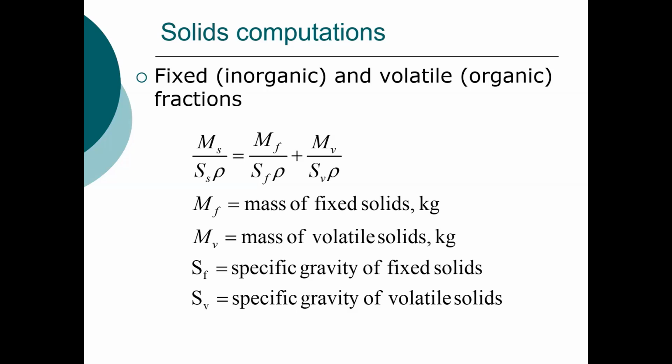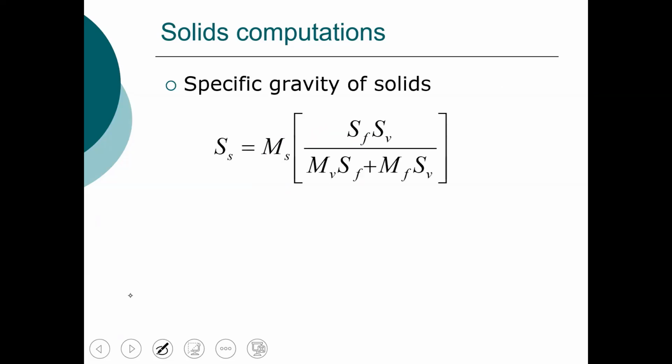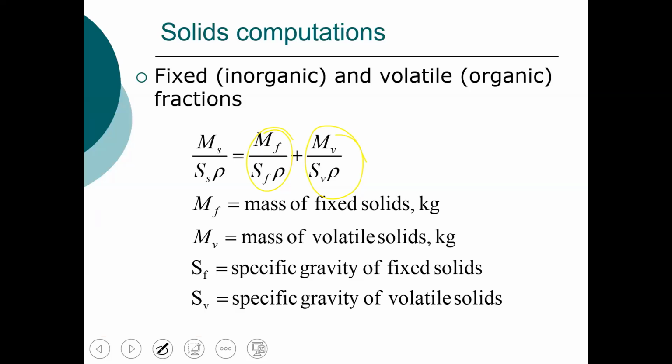So when we're looking at determining the mass of the wastewater sludges, that mass is the sum of the fixed fraction and the volatile fraction. And we then can determine the specific gravity of the solids using this equation here, which is really just a rearrangement of this previous equation.